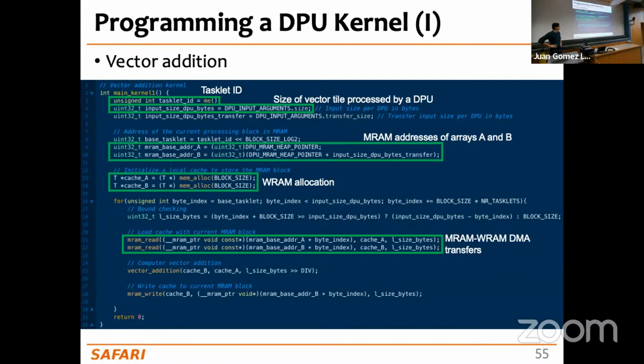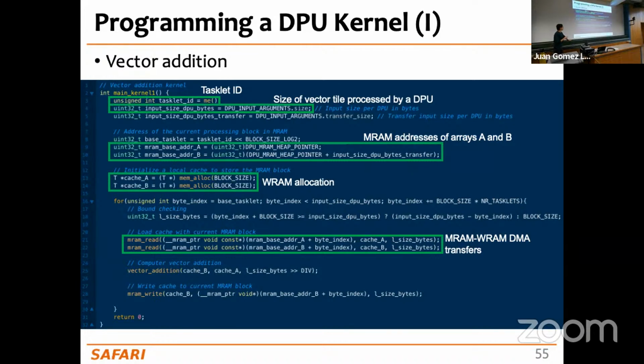It's indeed both things. First of all, it's not a hardware cache because you have to handle it yourself. You have to allocate space there by yourself, but you can call it a software managed cache. And it's a scratchpad, which means that it's closer to the threads, closer to the pipeline. So accessing data there is going to be faster than going to the MRAM, the DRAM.